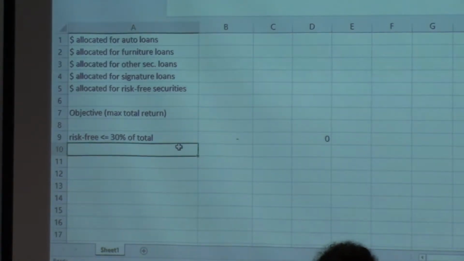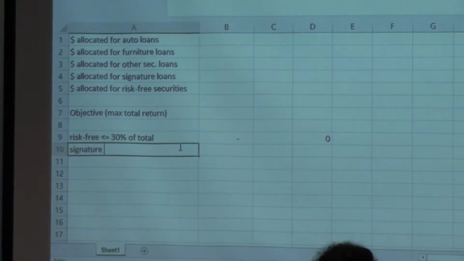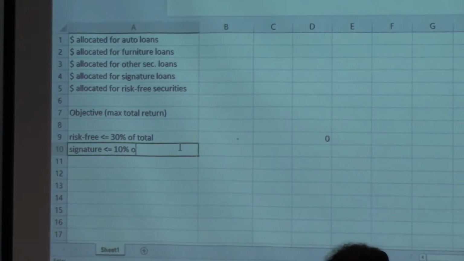What's our next constraint? Signature loans may not exceed 10% of the funds invested in all loans. Has to be less than or equal to 10% of loans.